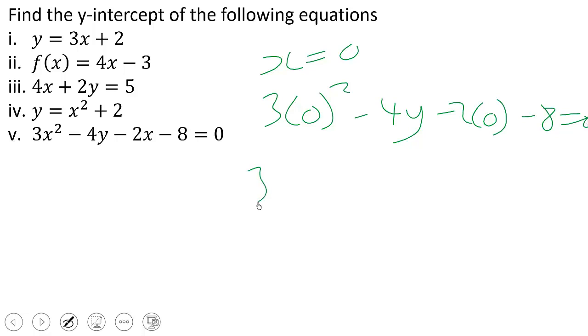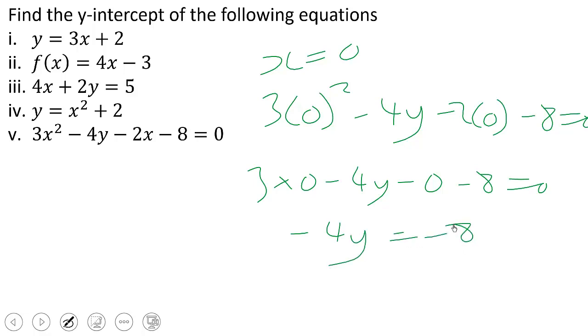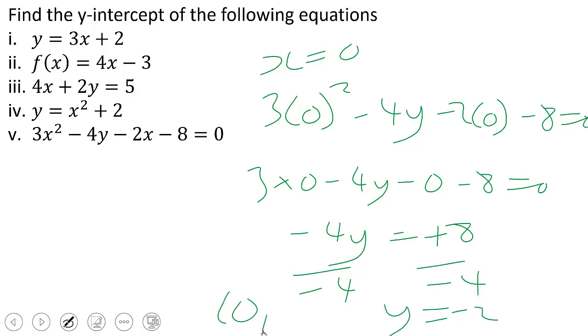So 3 times 0 minus 4y minus 0 minus 8 equals 0. So negative 4y will be equal to positive 8. Divide both sides by negative 4. So y will be equal to negative 2. So the y-intercept is (0, -2) for this.